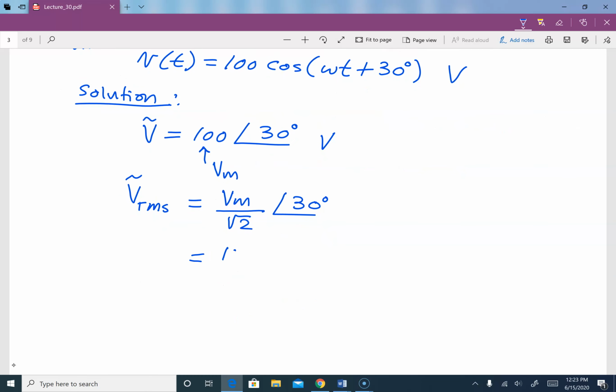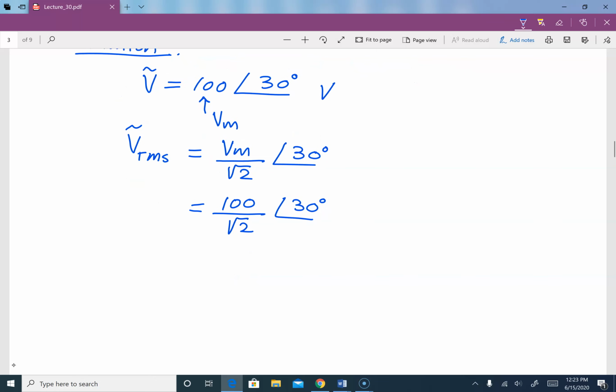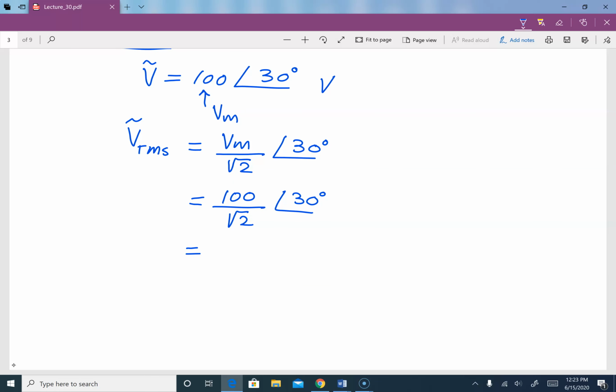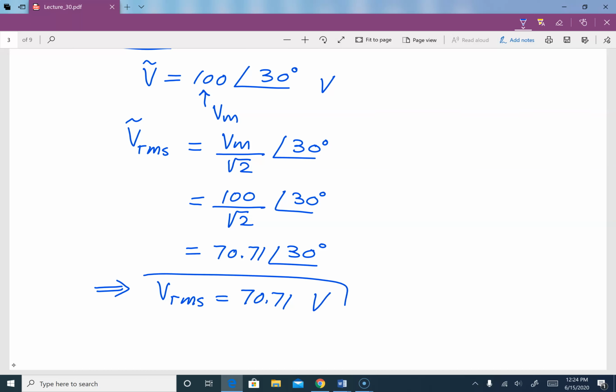And in this case, 100 divided by radical of 2 with angle 30 degrees, this is equal to 70.71 with angle 30 degrees. From that, our VRMS is equal to 70.71 volt. So this here is a phasor quantity with a phase angle. This is the magnitude of our RMS value.